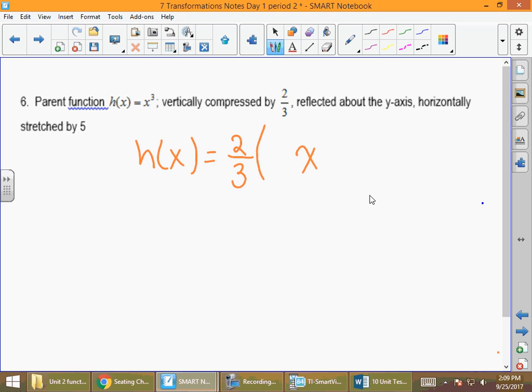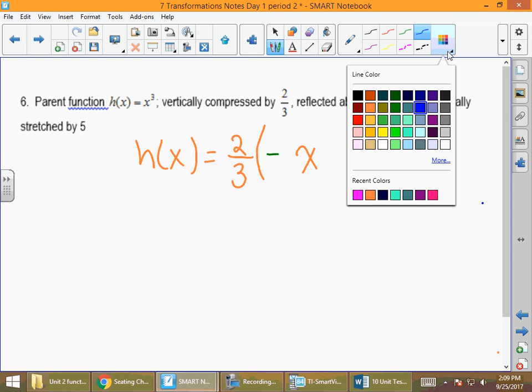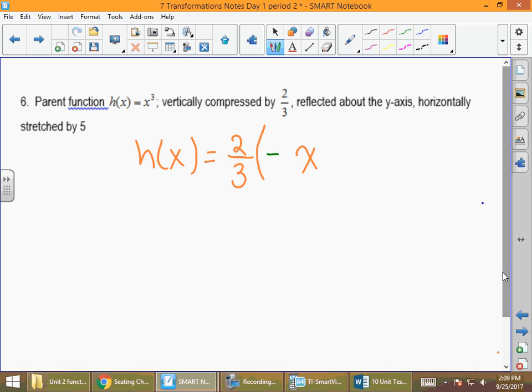Because it says that we're reflecting about the y-axis. When we reflect about the y-axis, we're putting a negative somewhere. And we said that it's going to be on the inside of the function. But we're also going to horizontally stretch this graph by a factor of 5.